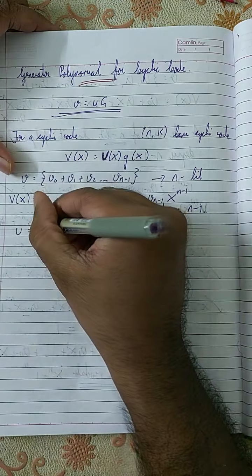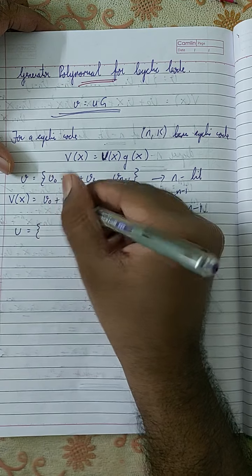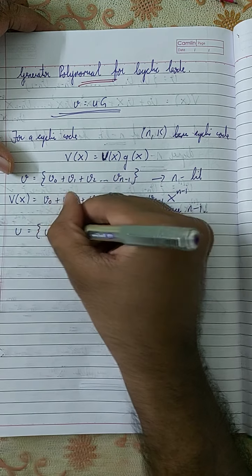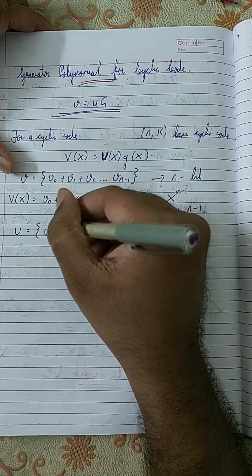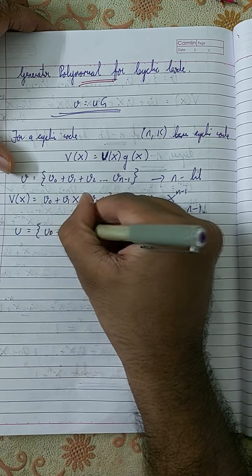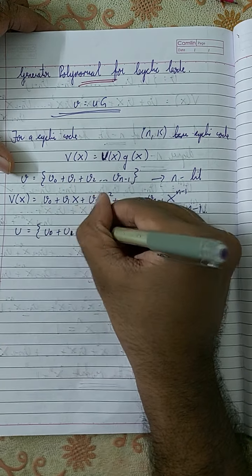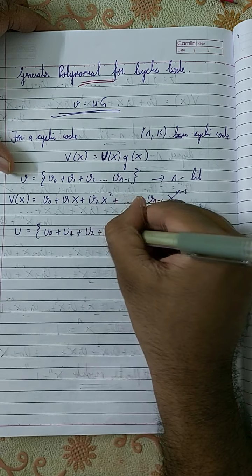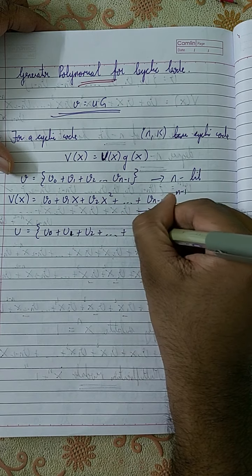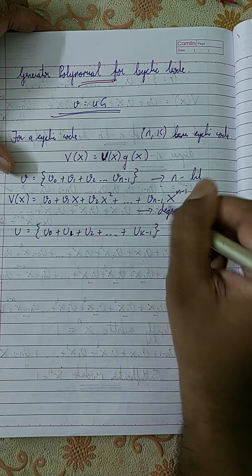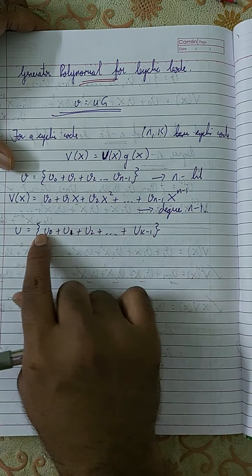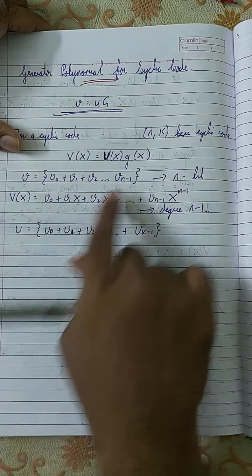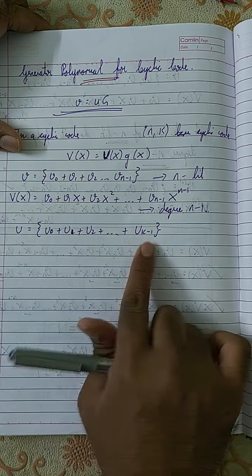The number of bits in u is k. So it starts with u0, u1, u2, and goes on up to uk-1. This is how the message bits are represented in u. Totally there are k bits.